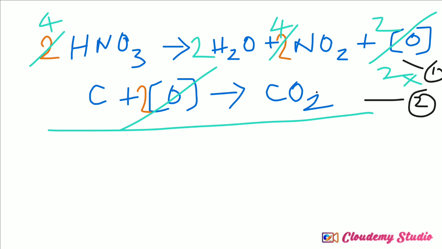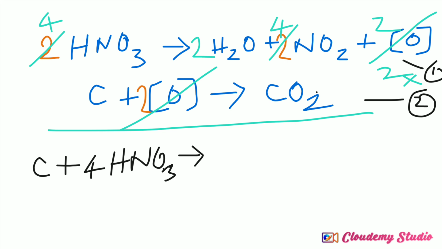Remaining substance, that is, first the carbon, which is left out at the reactant side of the second stage. At the first equation, at the reactant side, what is left out? Nitric acid, that is 4 moles of nitric acid. 4 moles of nitric acid gives, at the second stage, what is left out at the product side?